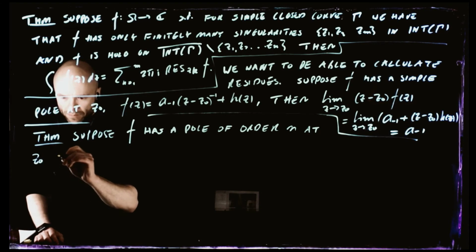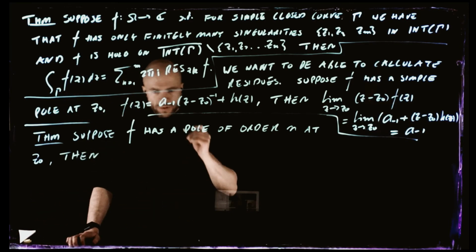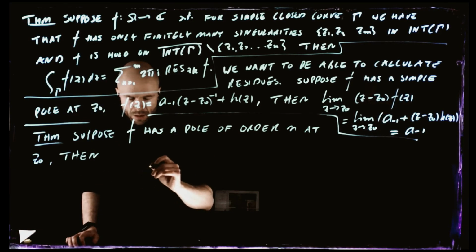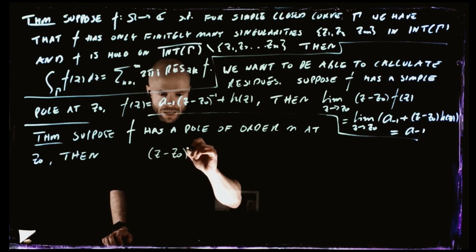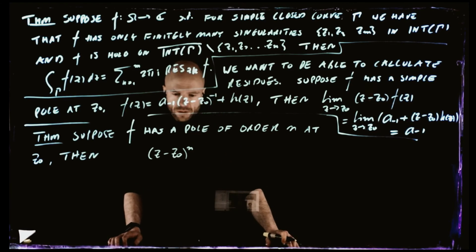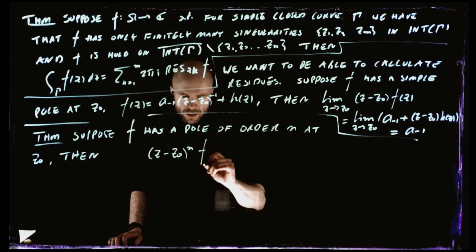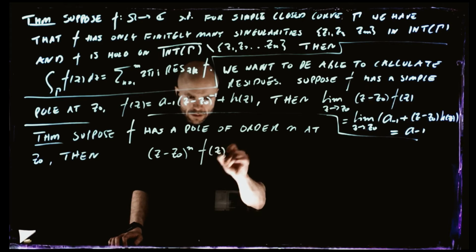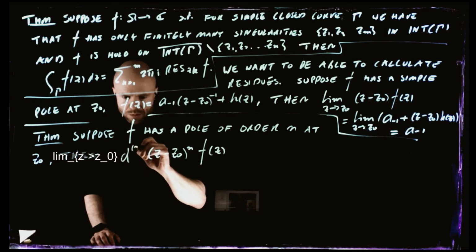Then we get the formula by taking (z - z0)^n and multiplying this by f, and then we want to differentiate this n minus 1 times.